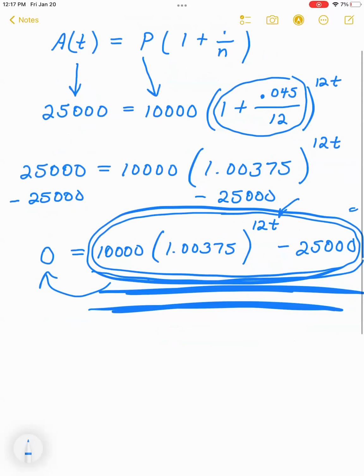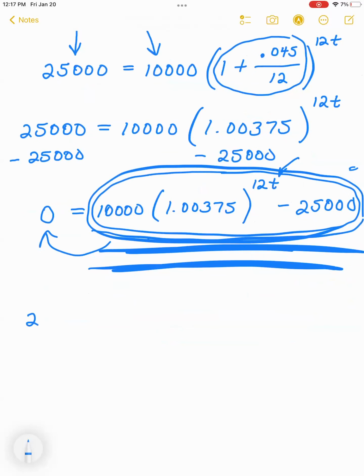All right. So for this method, now there's no need to get a 0 on the one side. As soon as you have your equation written using the formula, you can just make use of that. Okay, so there was our equation.